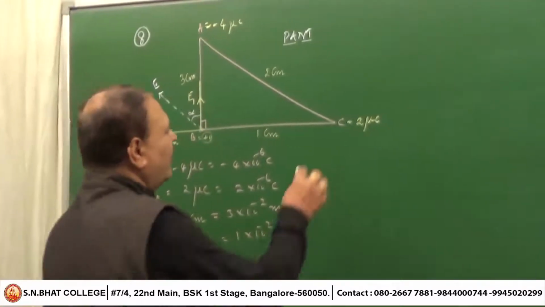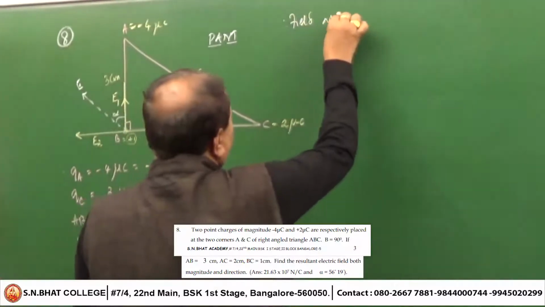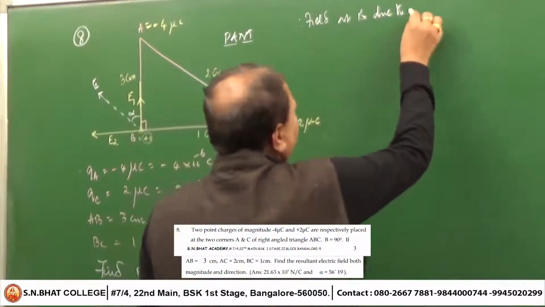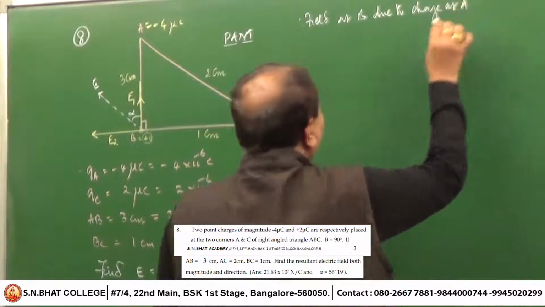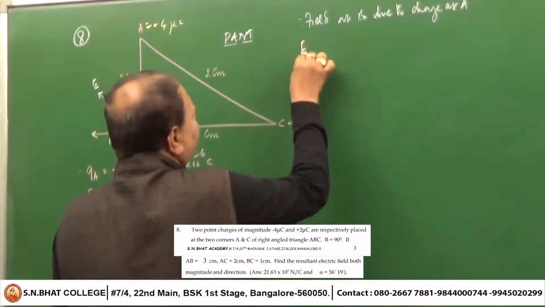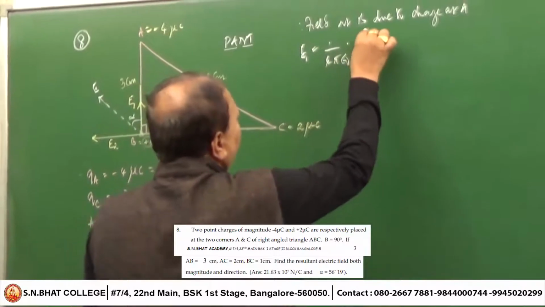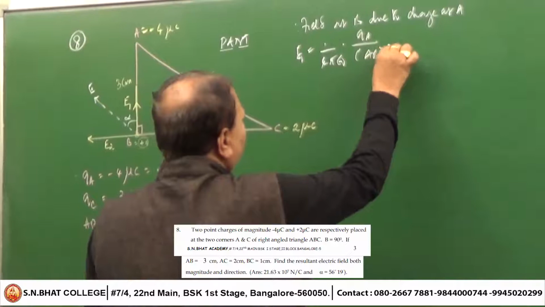Therefore, field at B due to the charge at A is, your E1 is equal to 1 by 4 pi epsilon naught into QA divided by distance AB whole square.